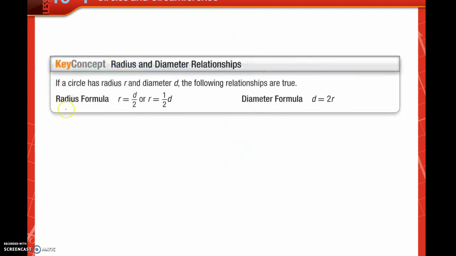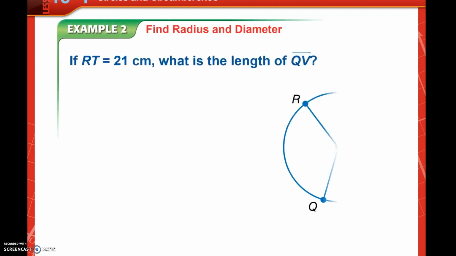Actually, this is finding the radius or diameter, excuse me. Radius is always half the diameter because it goes from the center through, and the diameter goes all the way across through the center. And the diameter is twice the radius, so I just want to reinforce that. So RT is a radius. QV is a diameter.